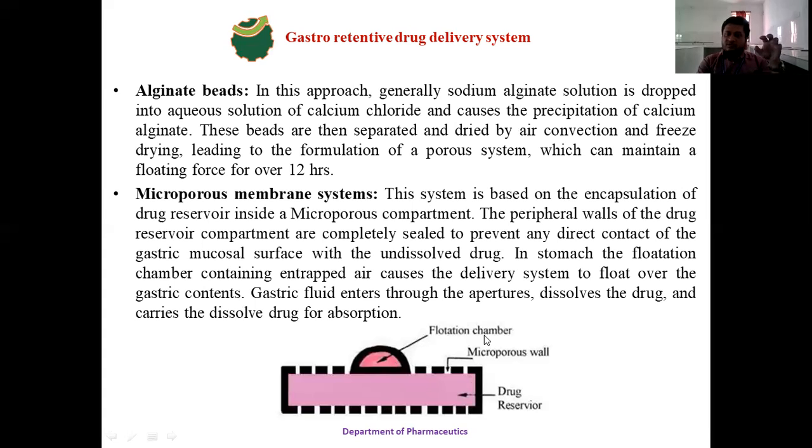There is an attachment of the floating chamber in that system, and because of the floating chamber, it will float in the gastric fluid. Once it floats for a longer time, the gastric fluid will try to enter through the porous system. It will dissolve the drug, and the drug will release from the system. So these are the microporous membrane systems.